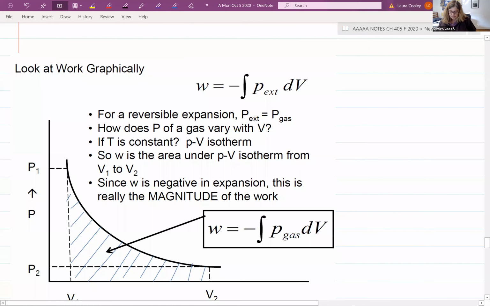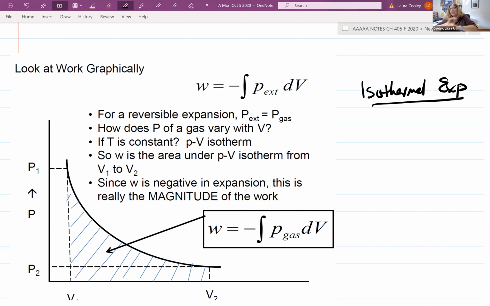Anyway, what I want to do next is show you how you can visualize this work, okay? Because remember, this is an isothermal expansion. And we know that in this expansion, the external pressure is following the gas pressure. We're keeping them within an infinitesimal of each other.